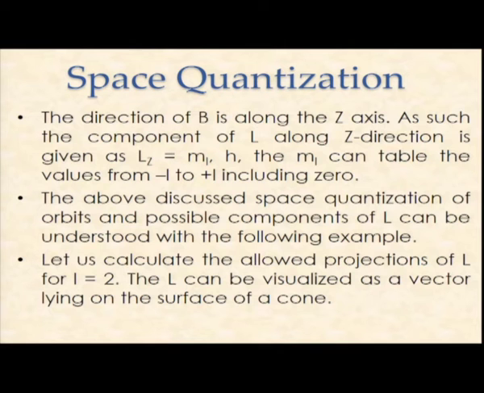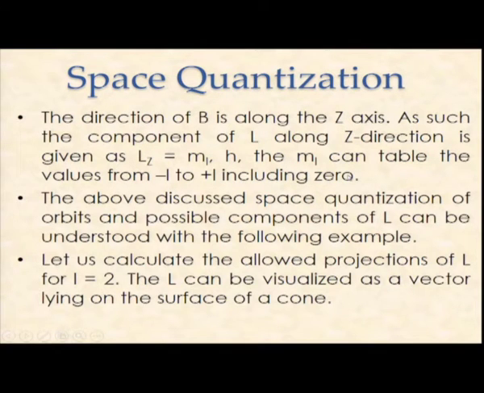Then the direction of the magnetic field is along the z axis. As such, the component of angular momentum along the z direction is given as Lz is equal to ml ħ. The ml can take the values from minus L to plus L including 0.